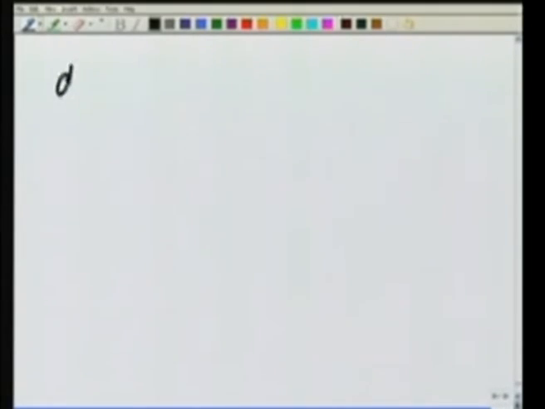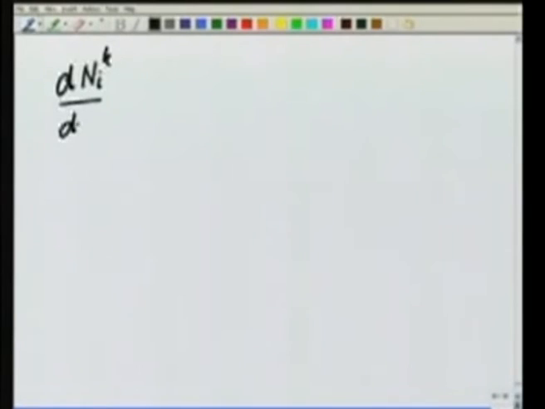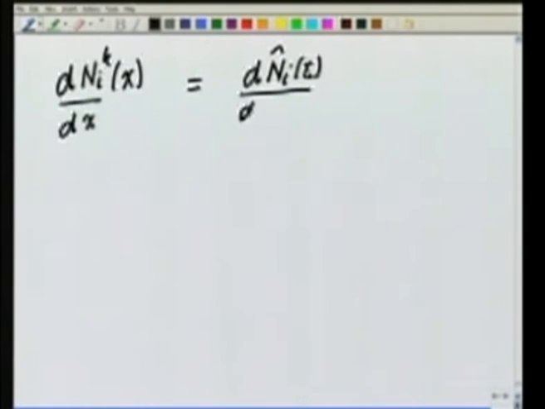So, we will have dN_i^k/dx as a function of x is equal to dN_i hat/d psi into 2 by hk.